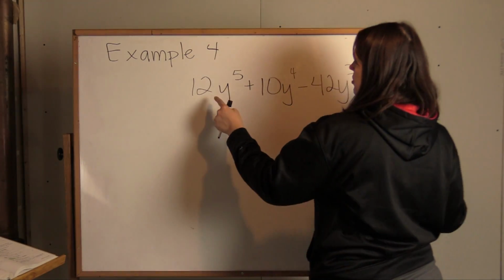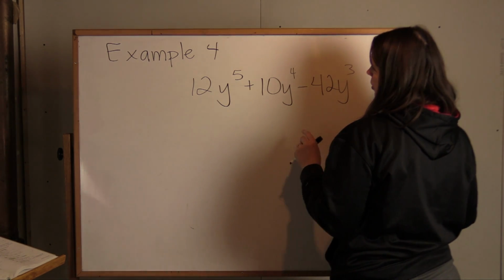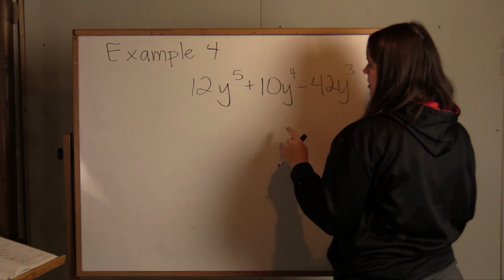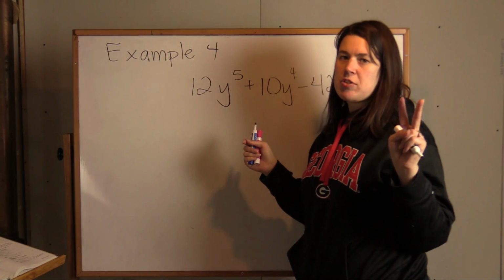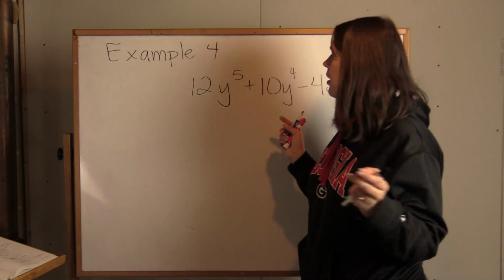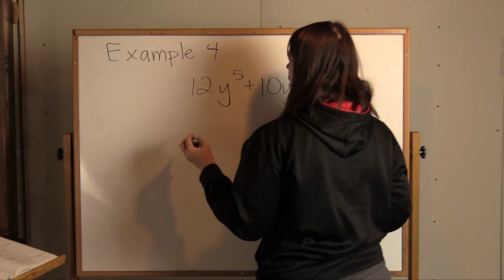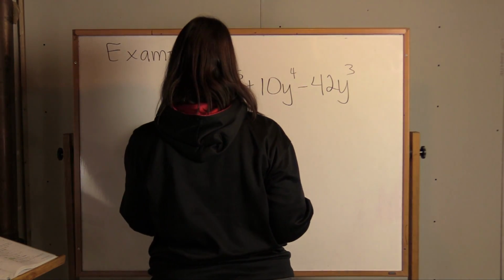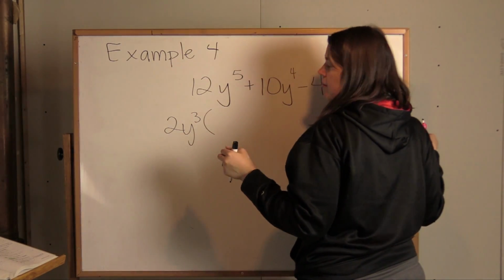For the numbers, 12, 10, and 42. Well, I think 10 is going to be the one that limits us because 10 only has 2 prime factors, 2 times 5. Obviously, none of these are a factor of 5. So that means the only thing I can factor out is a 2. So we're going to have 2 y to the 3rd. And I'm going to go ahead and write what's left behind.